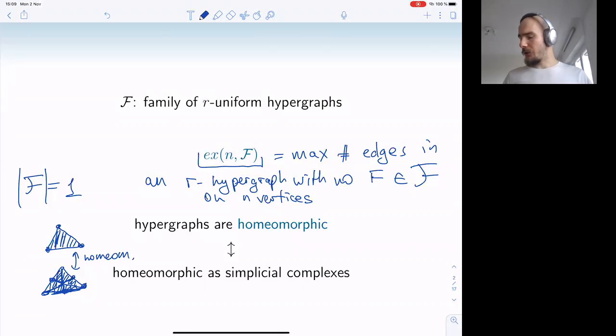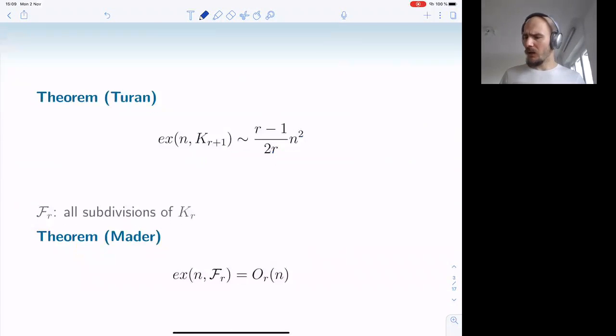So let's first look at the case of graphs. There are these two theorems, both famous results from extremal graph theory, and I guess the first one is one of the founding results.